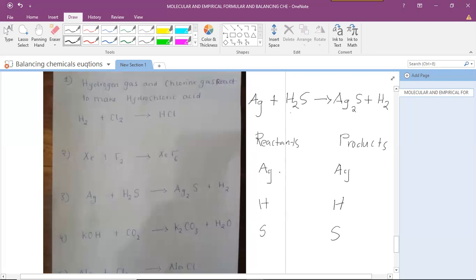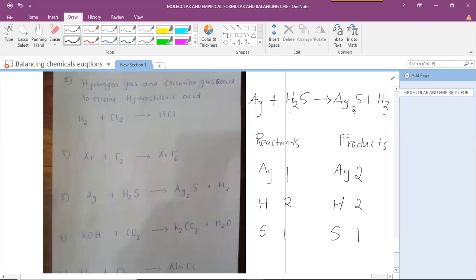Then we have got one there, 2 hydrogens from this, and 1 sulfur. On our products, this 2 represents 2 silvers, so we have 2 there. We have got how many hydrogens? 2, right? 2 hydrogens, and 1 sulfur. So now we start to balance.